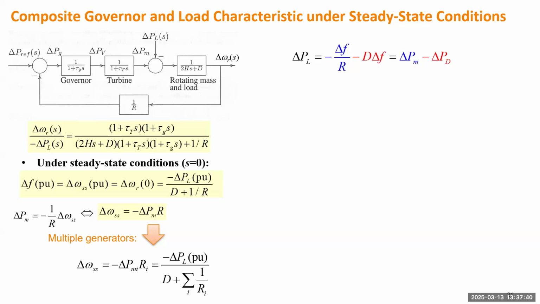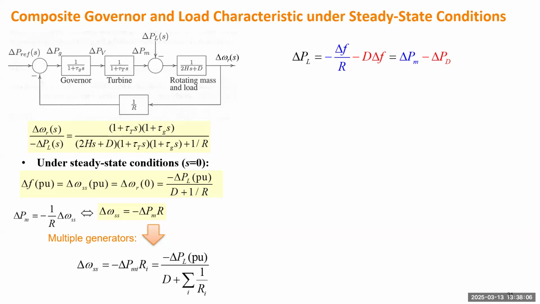So if my system right now is operating at 60 Hertz, and I increase the load by maybe 10 megawatt, finally, when the system becomes stable again at a new steady state frequency, if that new steady state frequency is not 60 Hertz, say it's 59.9, there's a negative 0.1 Hertz deviation.